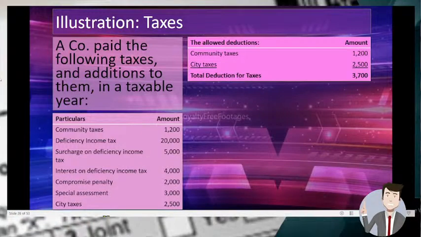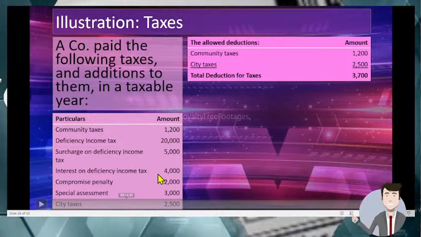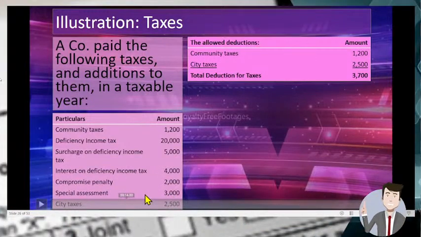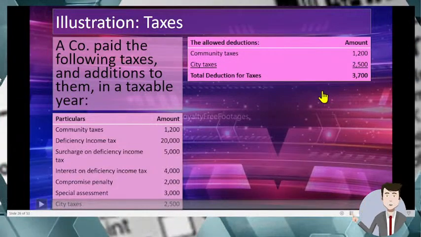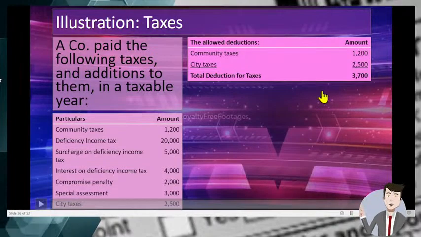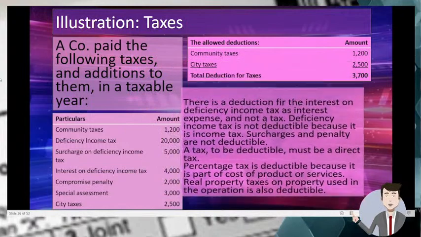So, special assessment. In our previous slide, it is enumerated in the National Internal Revenue Code that this kind of collection or tax is non-deductible. So only 3,700 will form part of the taxpayer's deduction in the case of taxes. Okay, take note.